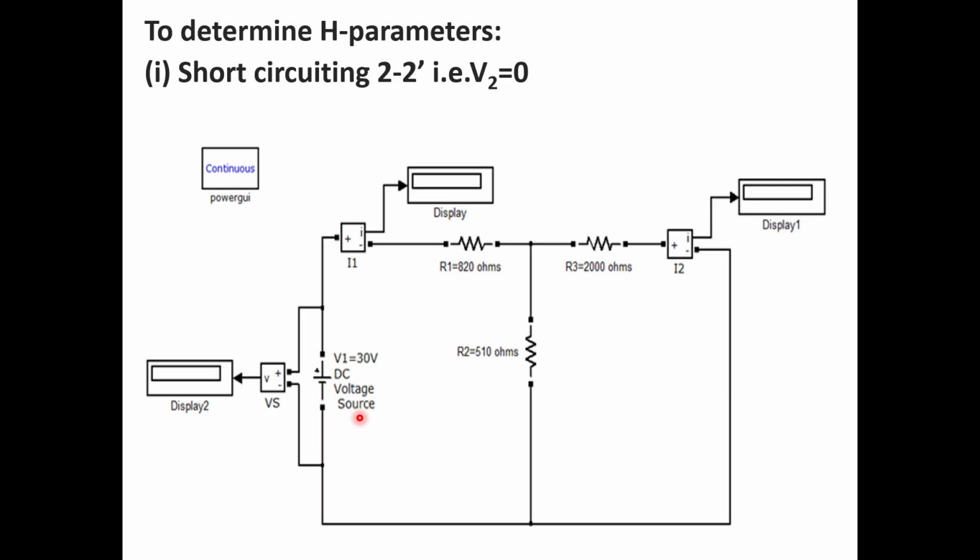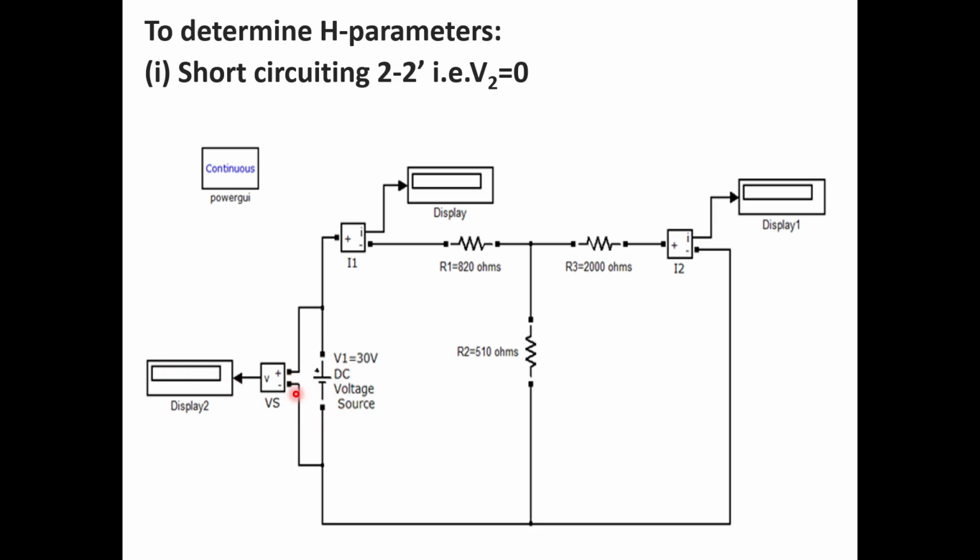A DC voltage source is connected across port 1 dash, and a voltage of 30 volts is set in this DC voltage source, and across it a voltage measurement is connected, and to this voltage measurement a display is connected.